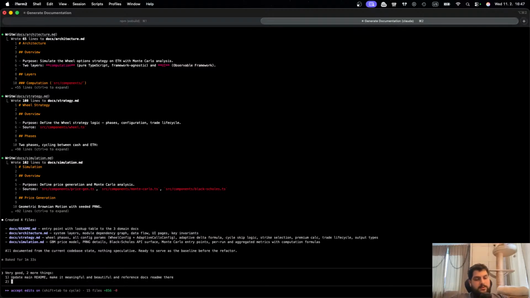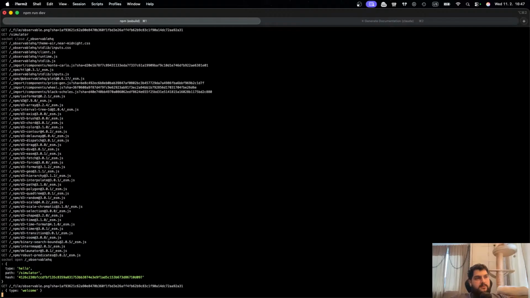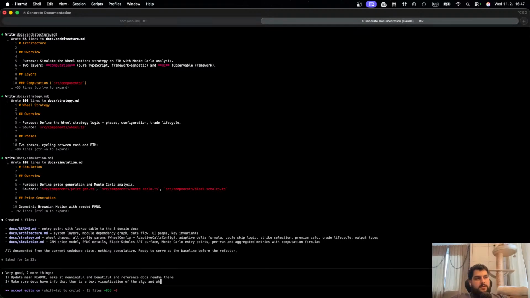And also make sure docs have info that there is a text visualization of the algo, and whenever there are changes in it, this text representation must be fixed too.